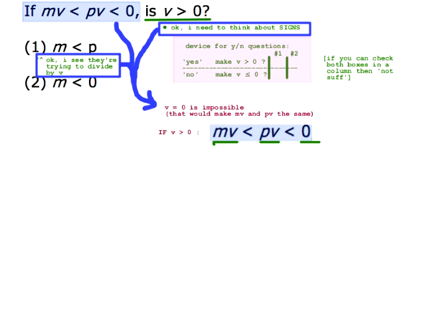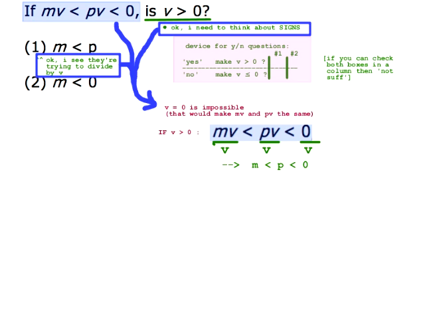Sure. We don't need to worry about switching inequality signs because it is positive. So that would give us m less than p less than 0. That's a thing.